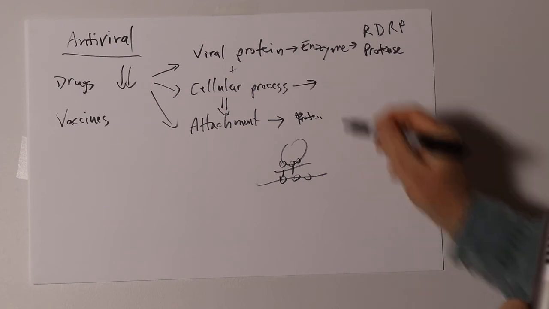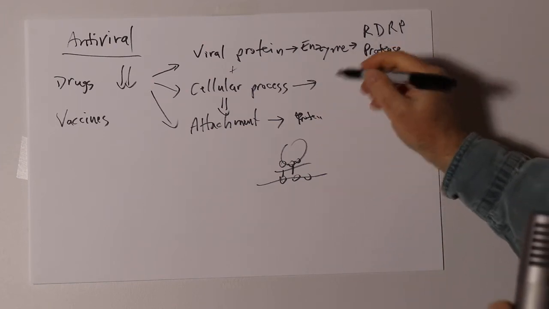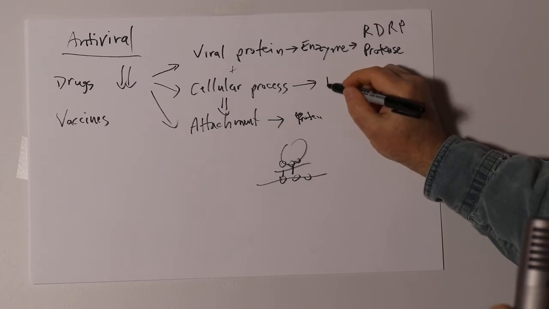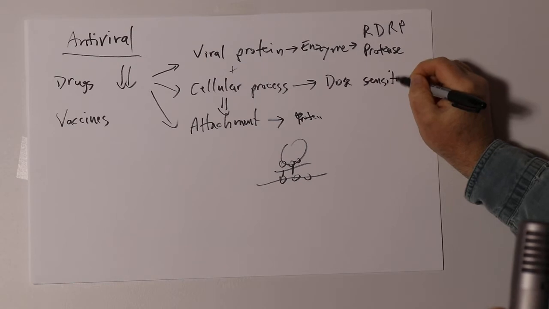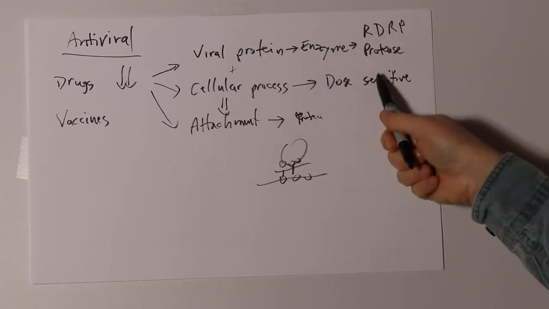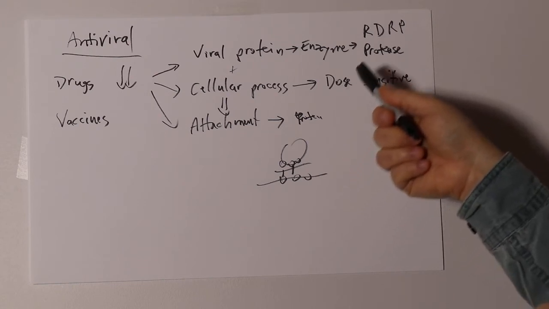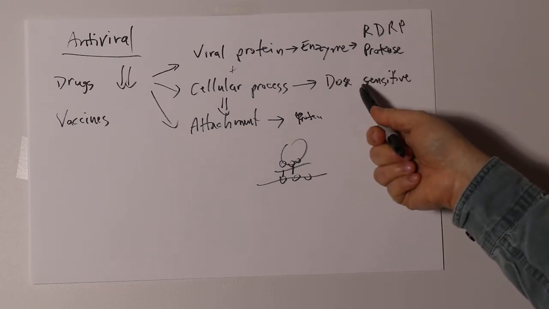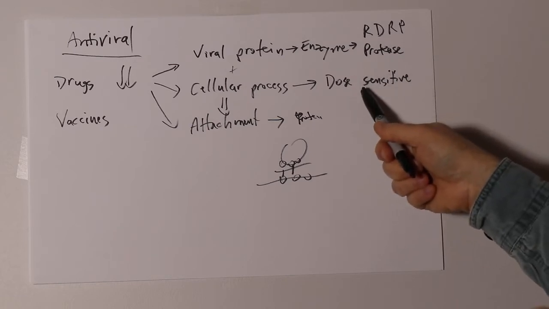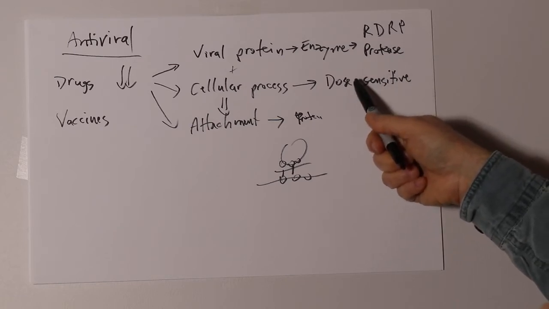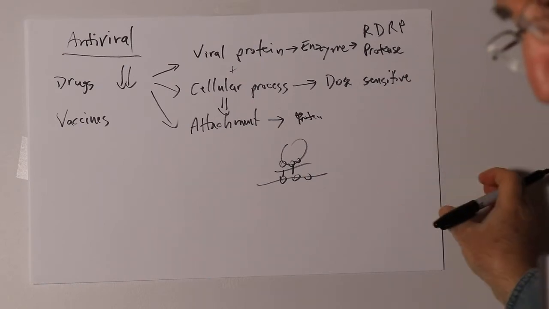And cellular processes, in general, you don't want to be inhibiting because they could be toxic, but it's possible that you could do it in a dose-sensitive way so that, as I suggested in the last video, maybe you could slow down the cell process enough so that the viral reproduction inside your cells is just slowed down to the point where your immune system has time to act on it. And I'm not sure how often that's used as a process in general in virology.